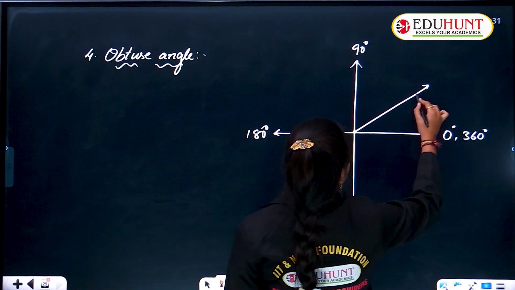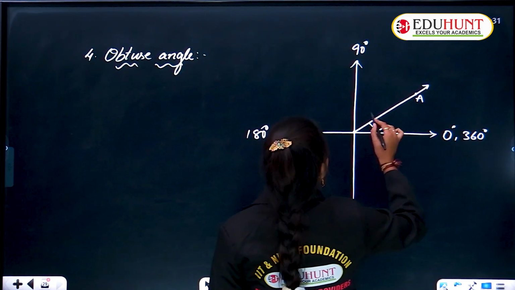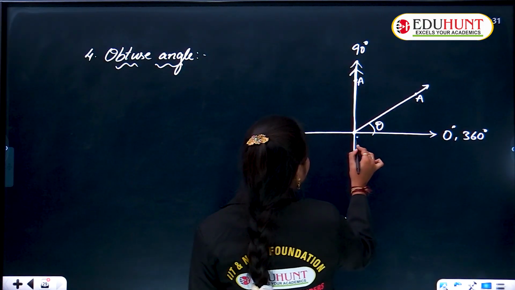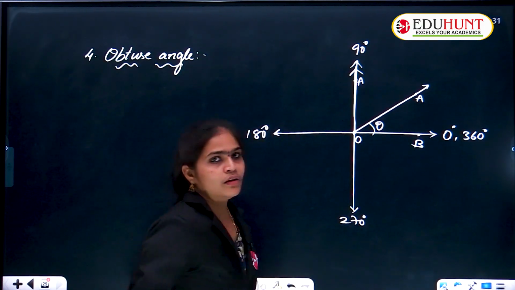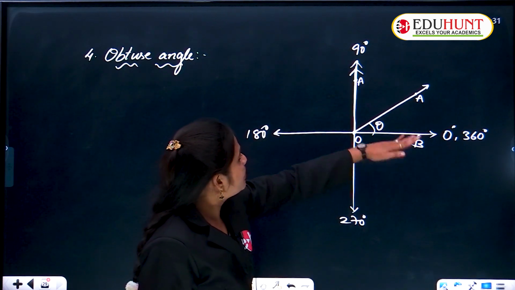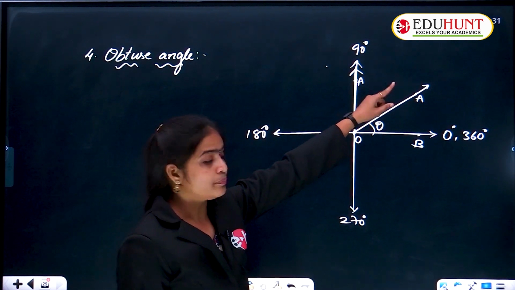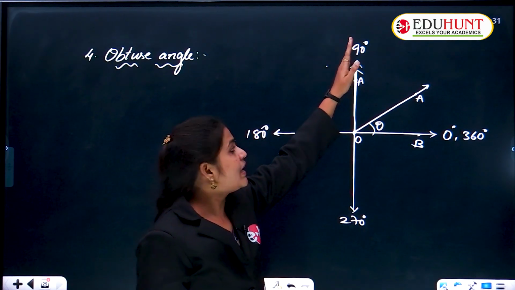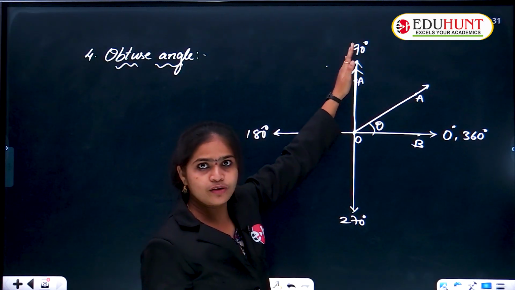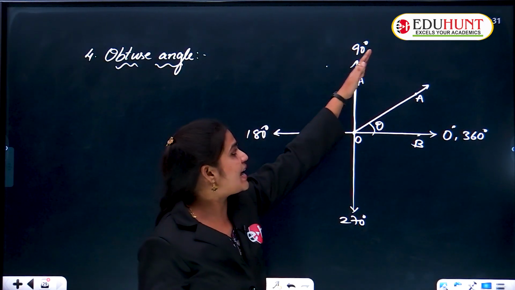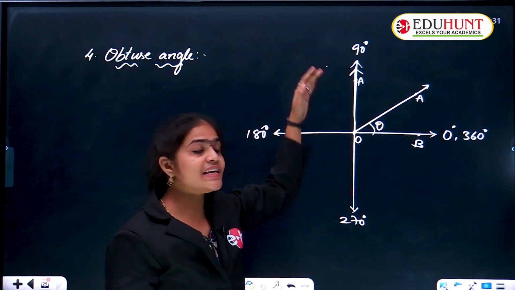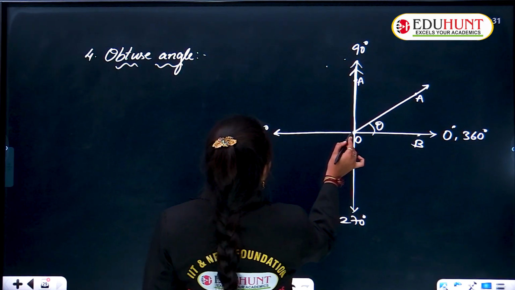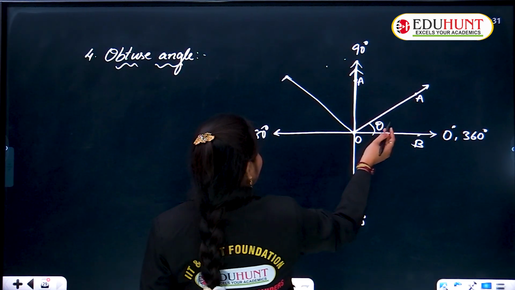This is theta and this is OA. This is OB. If OA lies in between 0 and 90, that is called an acute angle. If OA coincides with 90 degrees, that is a right angle. If OA, the terminal ray, moves in the anti-clockwise direction and lies in between 0 to 180 degrees.